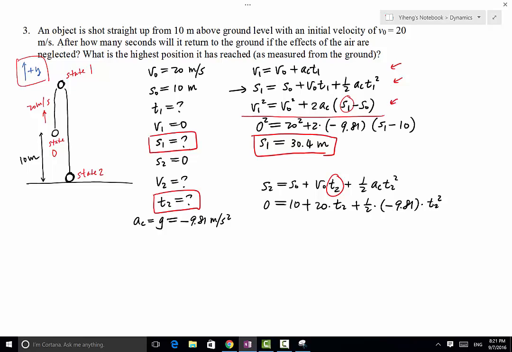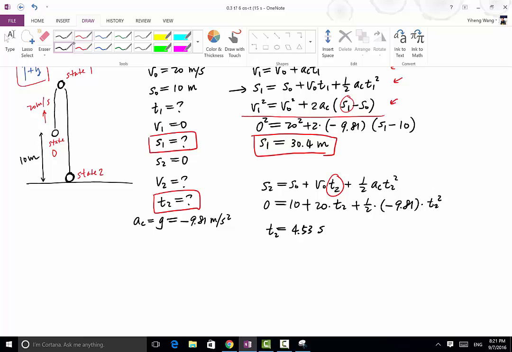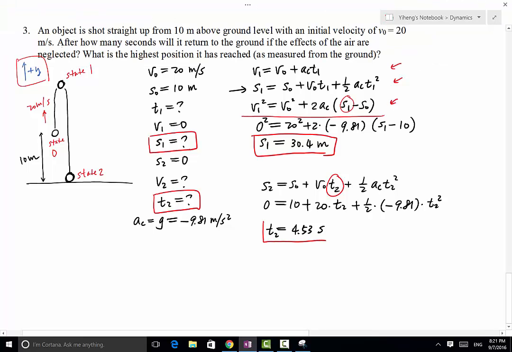You can try to factor it. If you can't, you always have the quadratic formula. If you apply the quadratic formula, it will give you two answers, one positive, one negative. In this case, realistically, time should be positive. Therefore, we take the positive value from the solution of this quadratic equation, and that's going to be positive 4.53 seconds, because we eliminate the negative root.